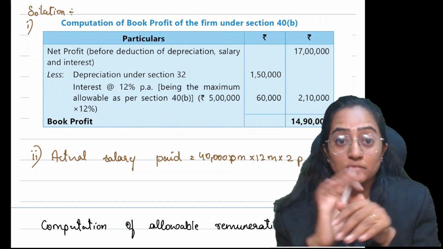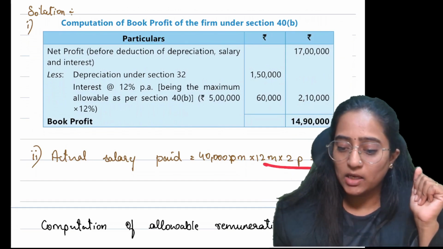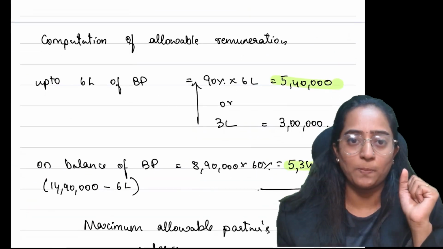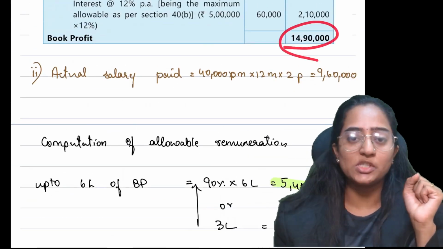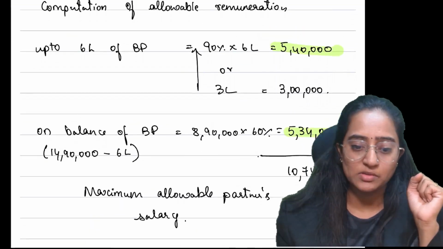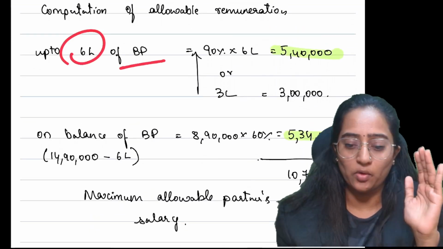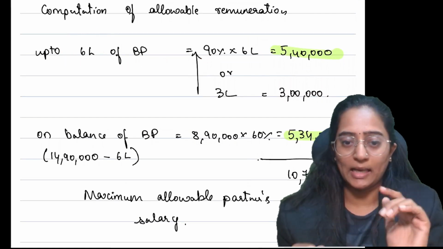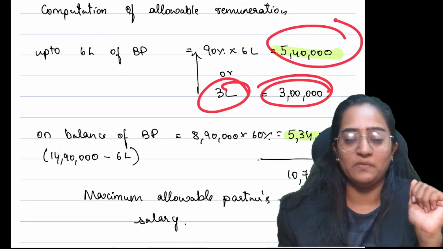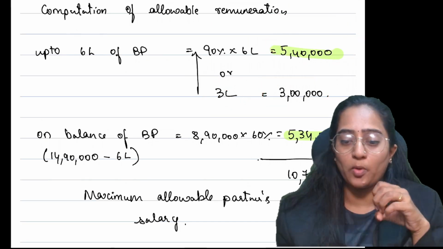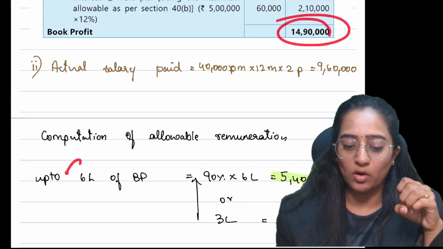Now, what is the actual salary paid? 9,60,000. This information we already have. Let's do the computation. We already have the book profit, that is 14,90,000. Out of that, 6 lakh of the book profit, 90% of that, or 3 lakh, whichever is higher, obviously it is 5,40,000. On the balance of book profit, out of 14,90,000, you've already taken 6 lakh.